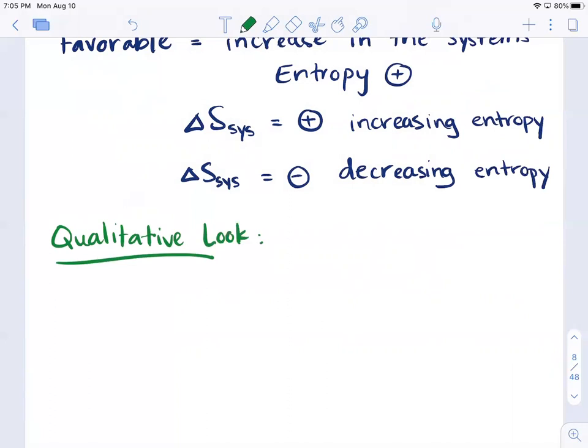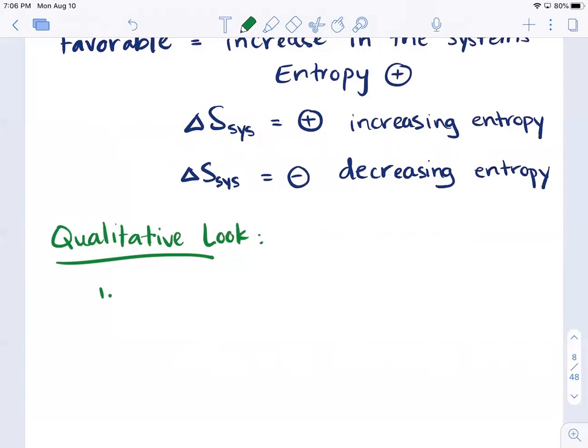I know we did in general chemistry, or a lot of times we do, like delta S's of formation and delta S's of certain bonds. But what we really want to think about is there are two main factors that will affect delta S of the system.